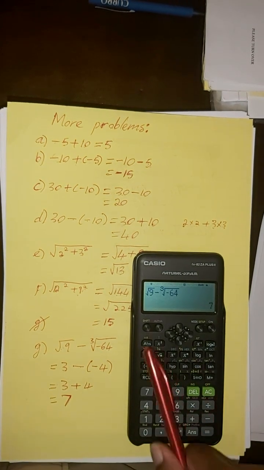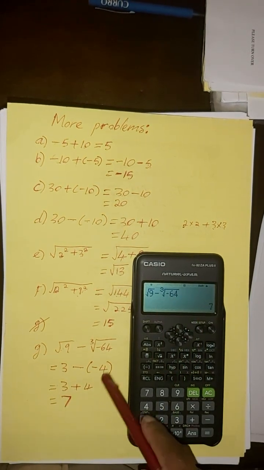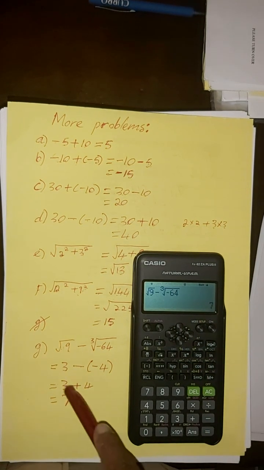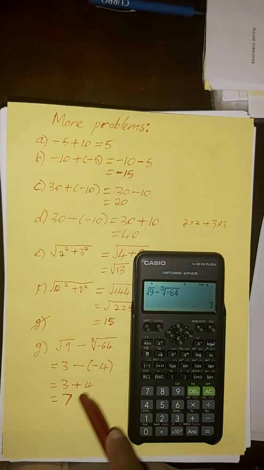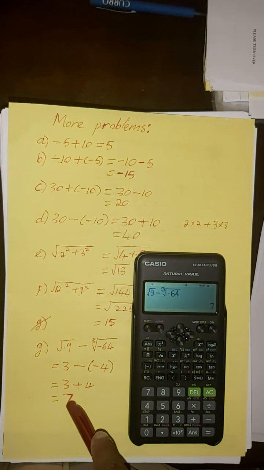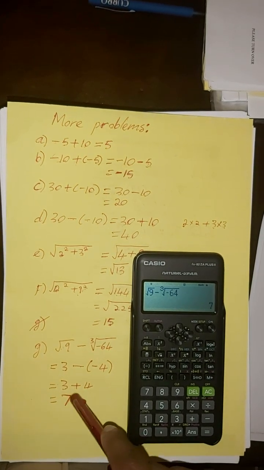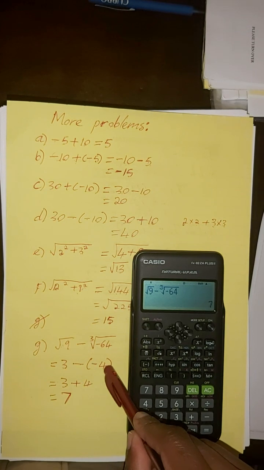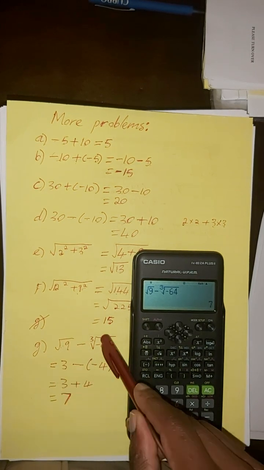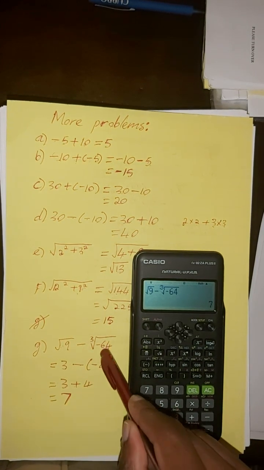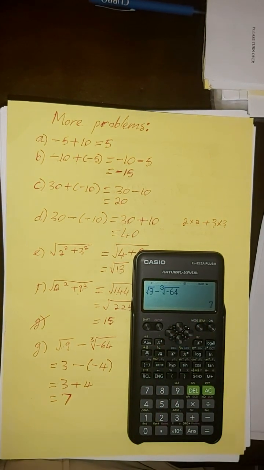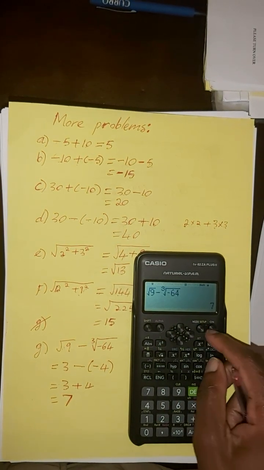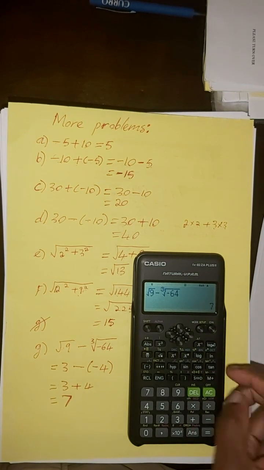You shouldn't use a calculator to get the answer, because it doesn't show you the step. It only shows you the answer right away, and you don't want the answer right away. You want the step where you convert the square root of 9 and the cube root of negative 64. I'm just using the calculator now to confirm my answer, whether or not it's correct.